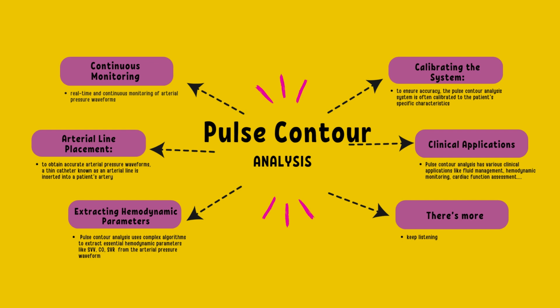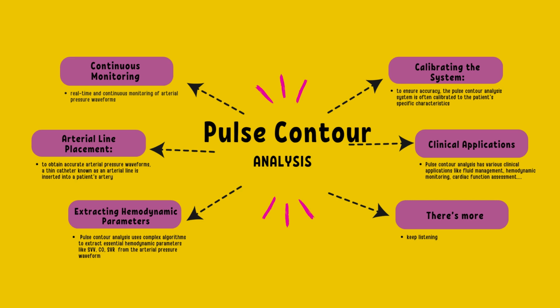Fluid management: pulse contour analysis helps determine whether a patient needs more fluids or if they've had enough. It's like a GPS for hydration. Cardiac function assessment: by watching how the heart's metrics change, doctors can spot potential heart problems early, even in the most critical patients. It's like a doctor's stethoscope but on steroids.